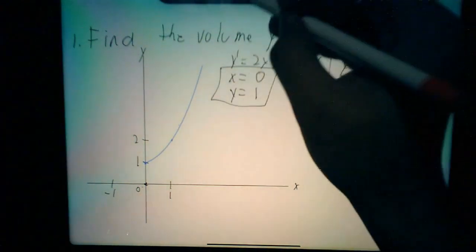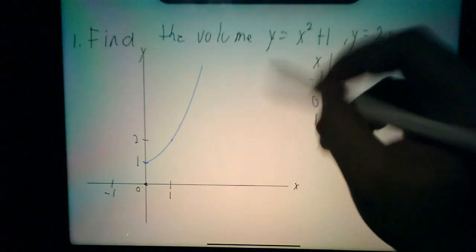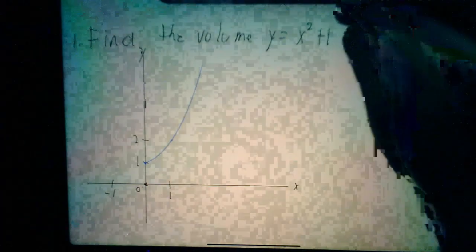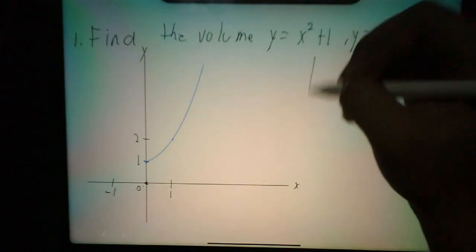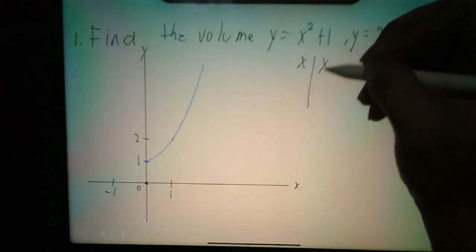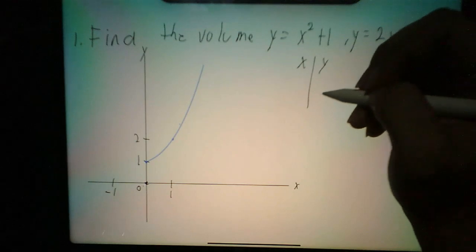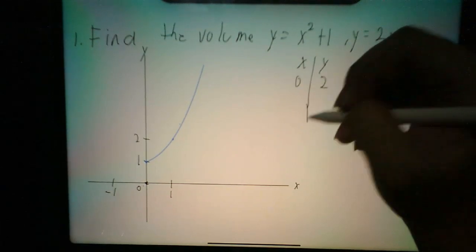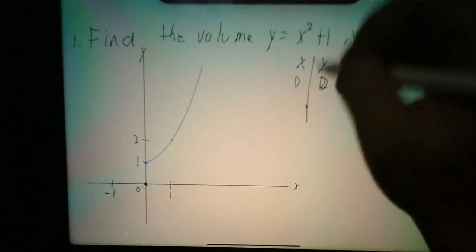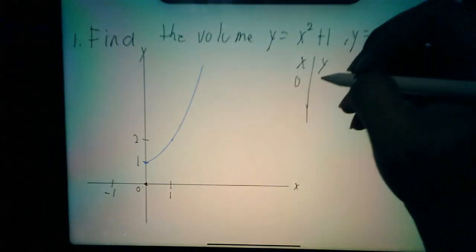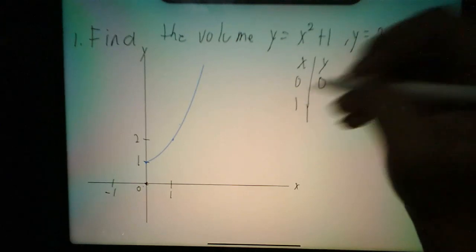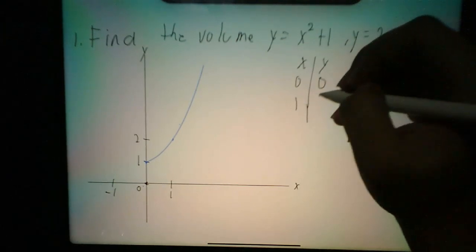Now we are going to find the points of our line, which is y equals 2x. So by putting a table, if x equals 0, our y becomes 0. And if x equals 1, our y here becomes 2.